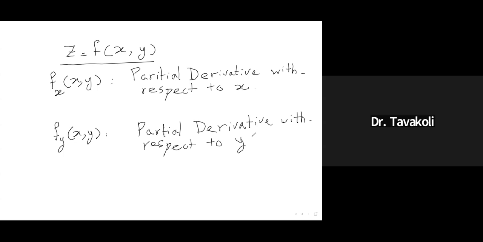So this is the notation that we use. Now let me define these two. First, let me define the partial derivative with respect to x. So this is the definition.